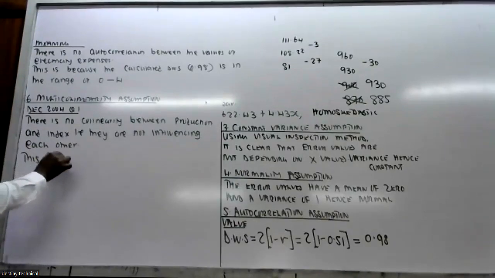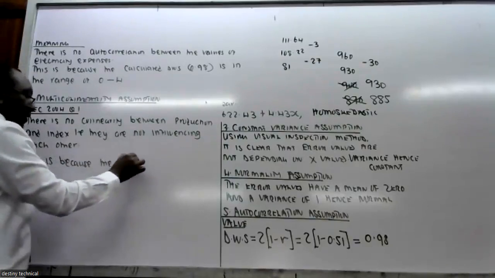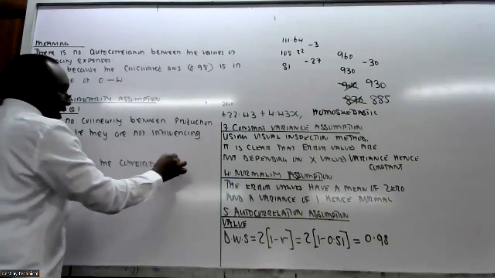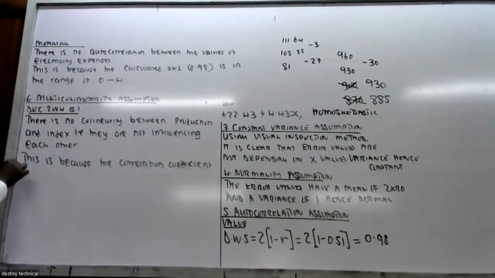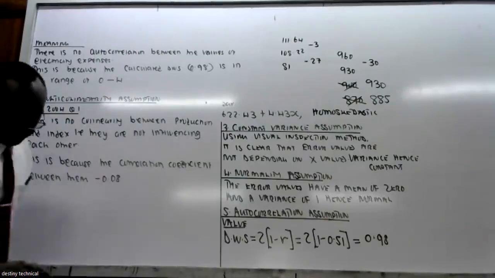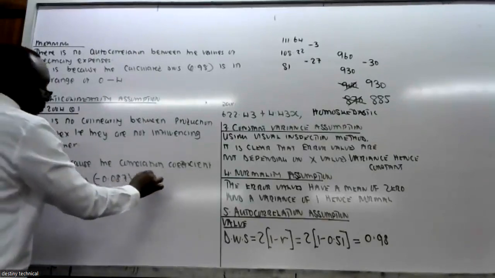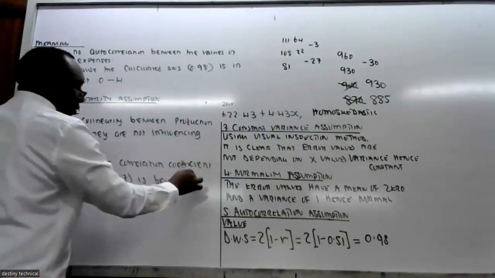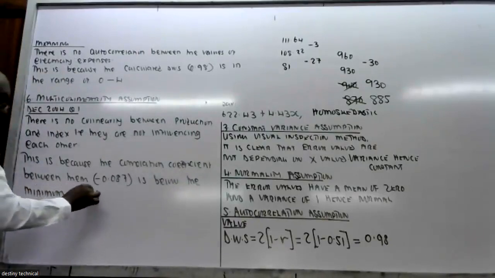This is because the correlation coefficient between them, minus 0.087, is below the minimum of 0.8.